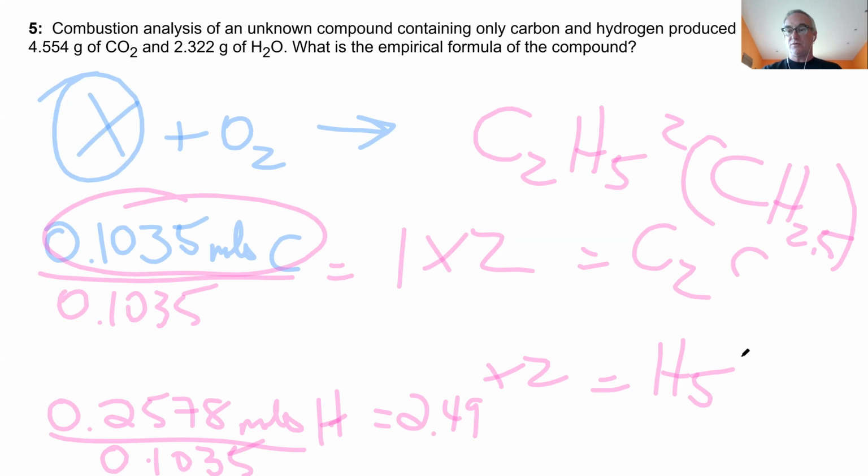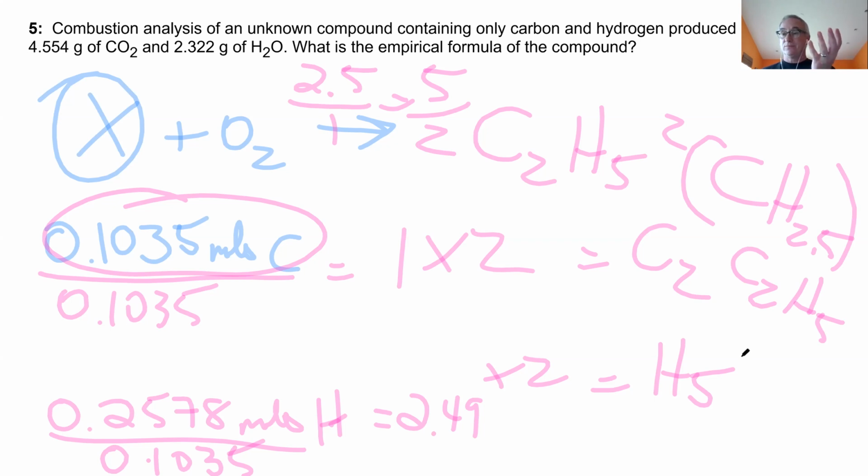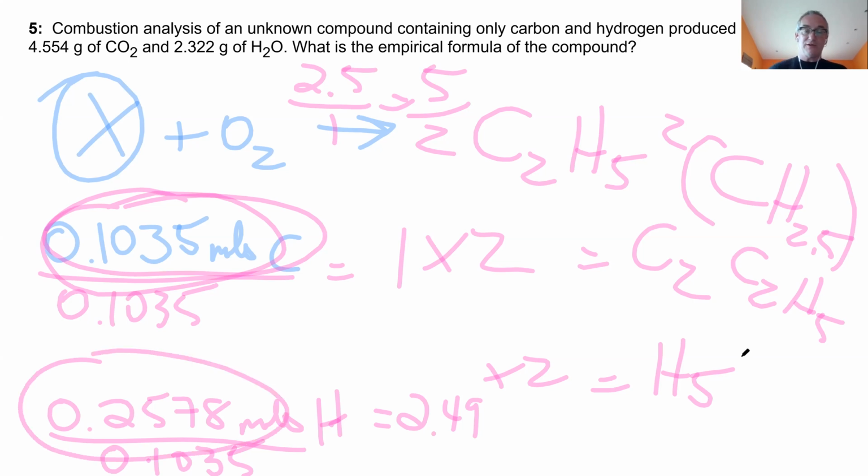Now I have C2 and H5. Those are whole numbers that I can use. And it's the same ratio, because the ratio of 2.5 to 1 is exactly the same as the ratio of 5 to 2. And it's ratios that we're dealing with here. We're getting how many moles of one and how many moles of the other, and what's the ratio between them. That's all we're dealing with. And that's the same ratio as 0.1035 to 0.2578.